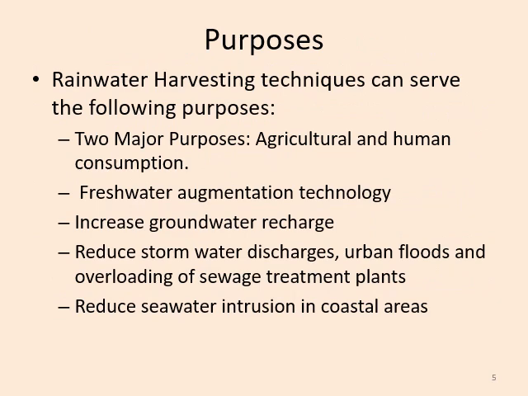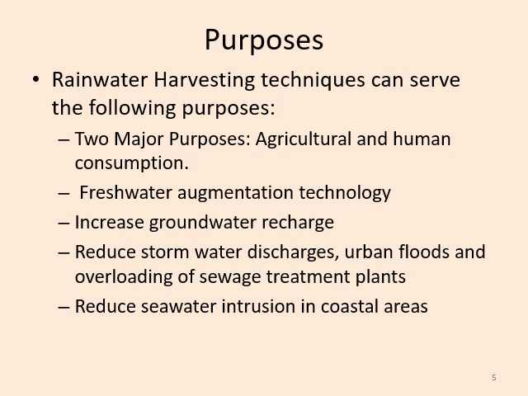So the purposes are majorly two: agricultural and human consumption. First, if we consider it for our need, is human consumption, and for agriculture and irrigation purposes also, that is also our need itself.